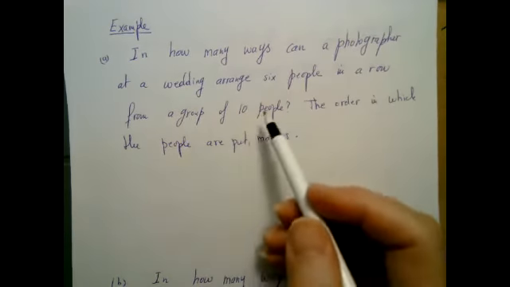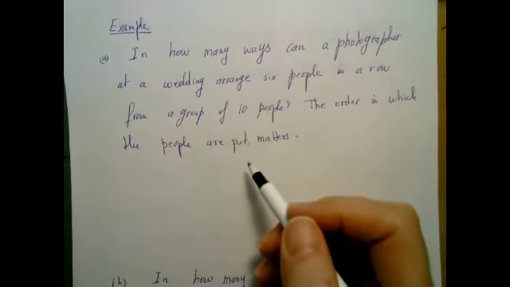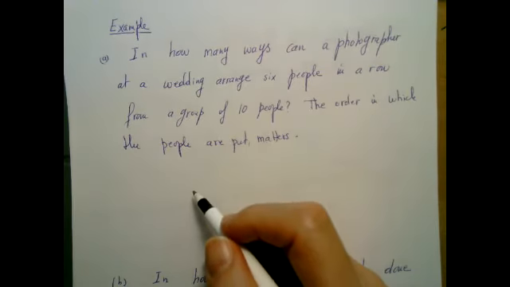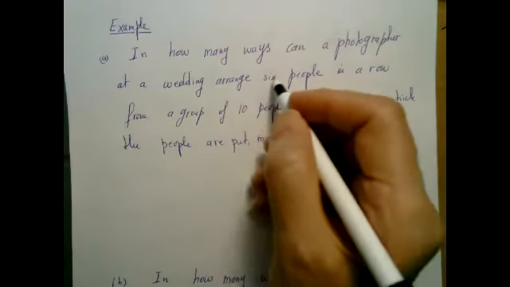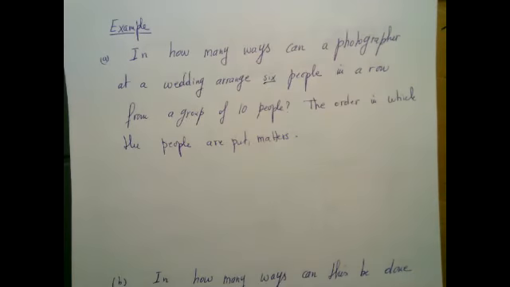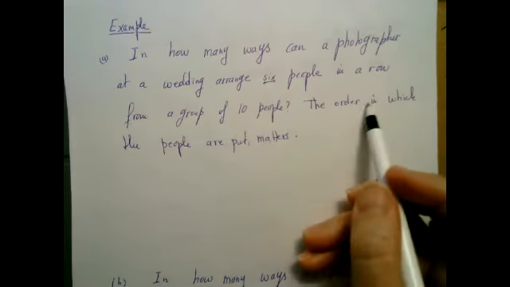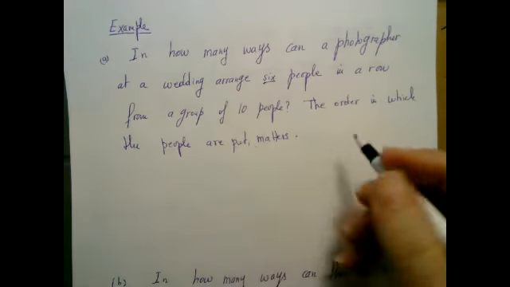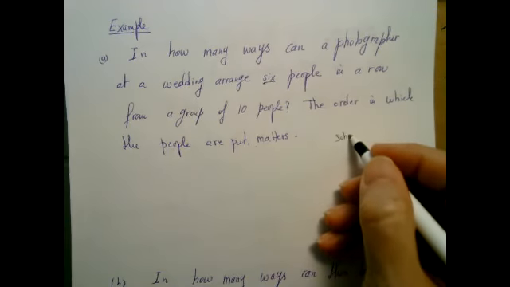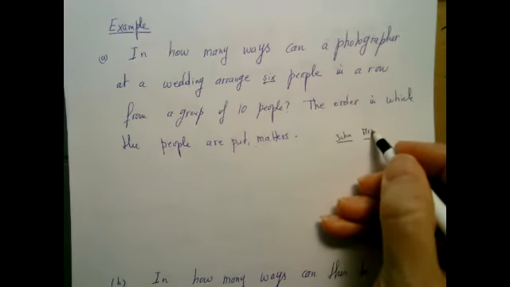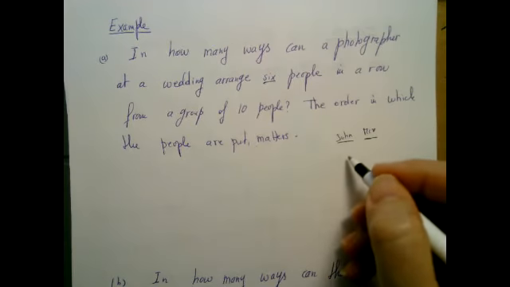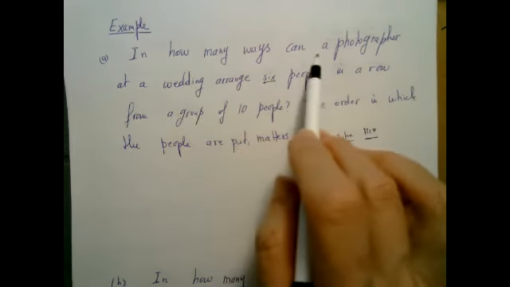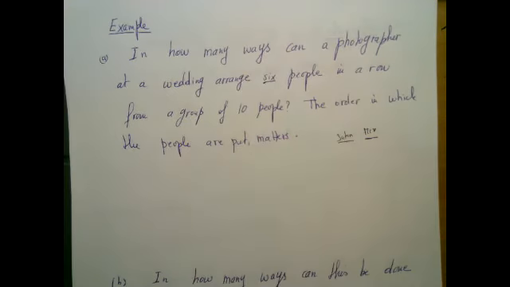It's COVID-19 days, imagine a wedding with only 10 people in the party, but the photographer can only take a picture of 6 people. The order matters, so putting John and then Mary is different than putting Mary and John. In how many ways is this possible?